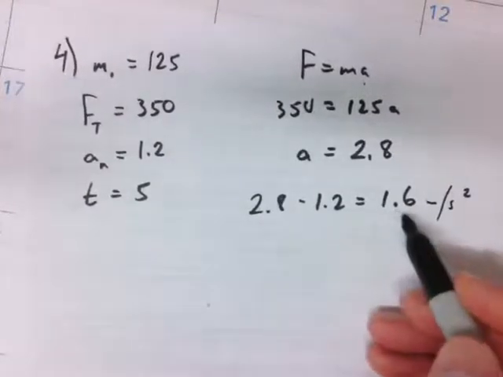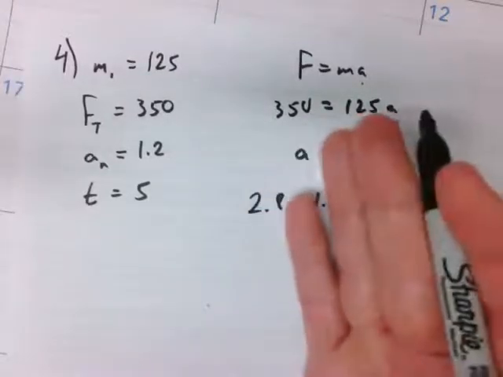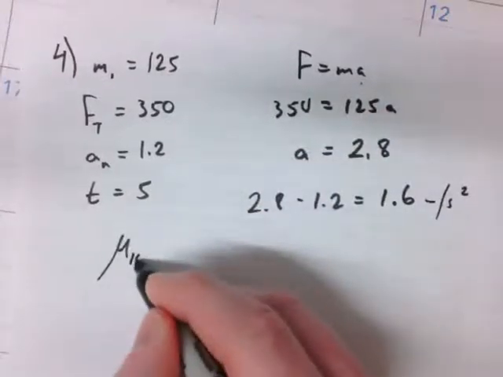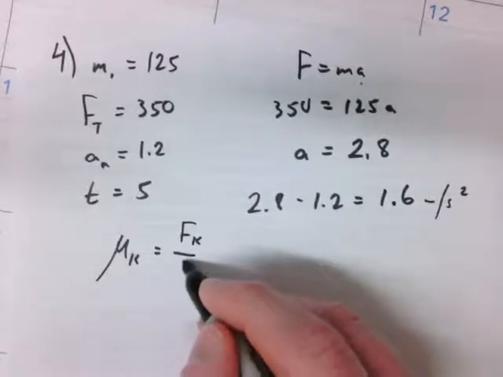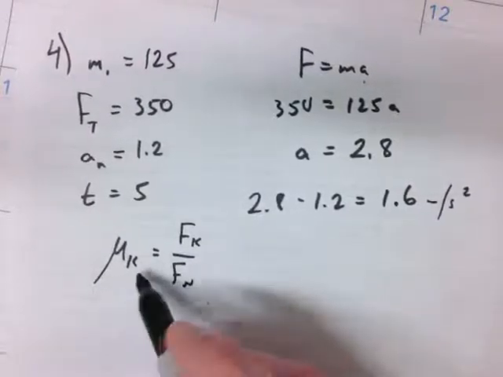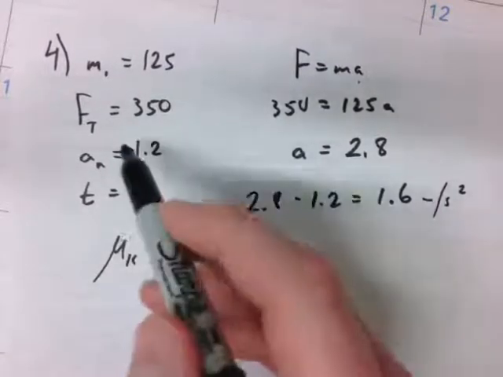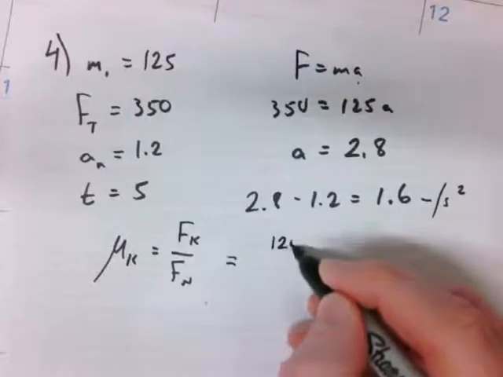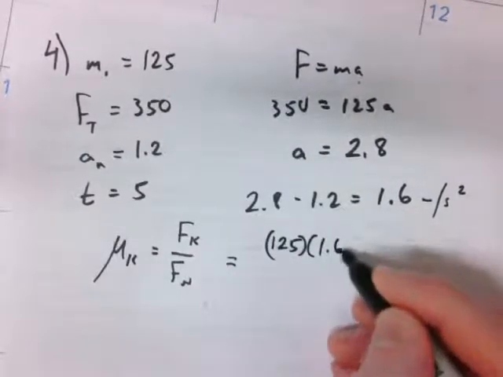If we want to figure out now the coefficient of kinetic friction, that's what the question's asking. So mu k equals Fk over Fn. Mu k, we don't know. But Fk is the mass, 125, times 1.6.